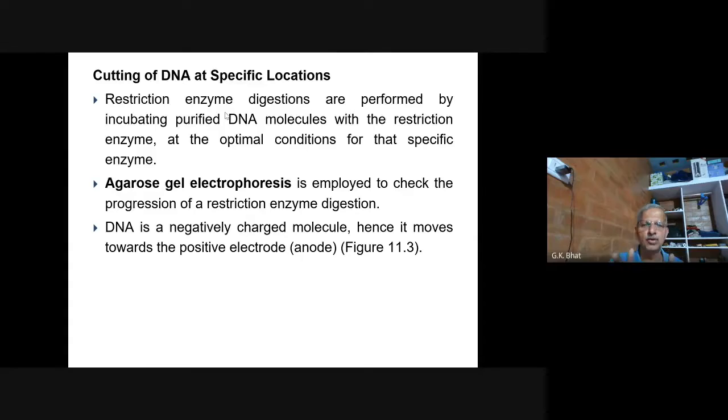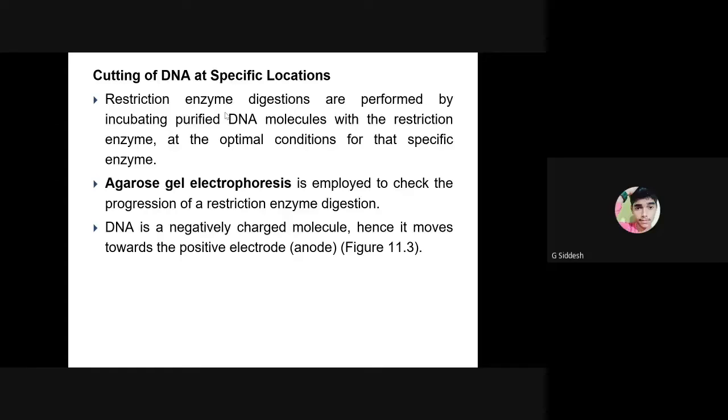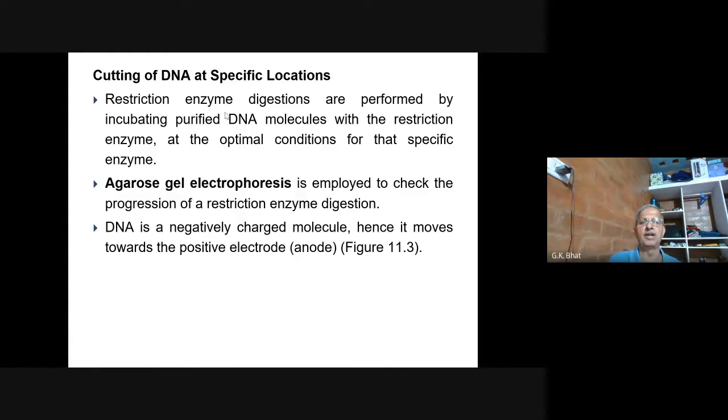These restriction endonucleases are in a position to locate and identify the recognition sequence with the palindromic nitrogen bases. Agarose gel electrophoresis is employed to check the progression of a restriction enzyme digestion.